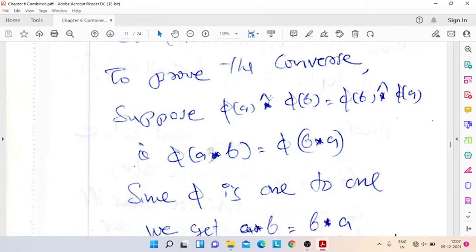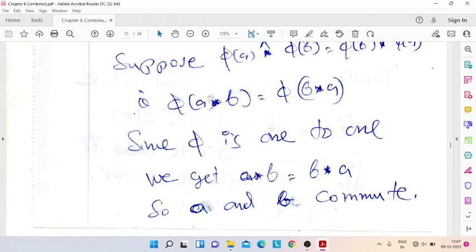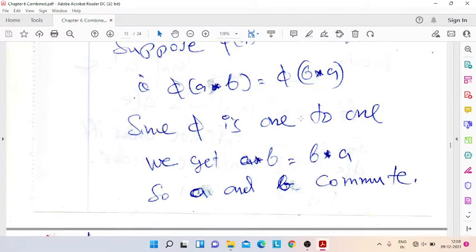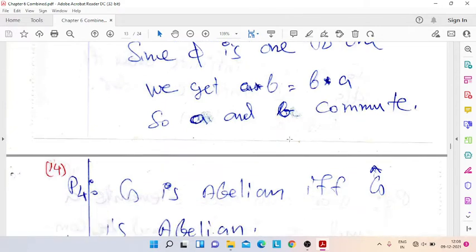Then you can combine the left hand side, which is phi of A star B, and the right hand side, which is phi of B star A. Since phi is an isomorphism, it is one-one, and therefore since phi of A star B equals phi of B star A, we get that A star B equals B star A. Therefore A and B commute.